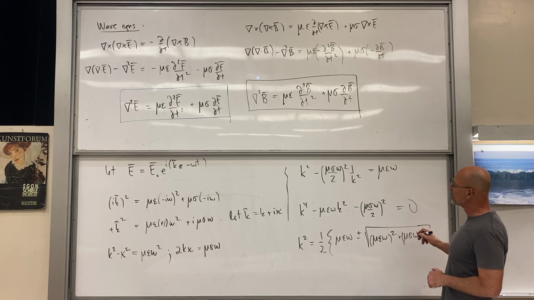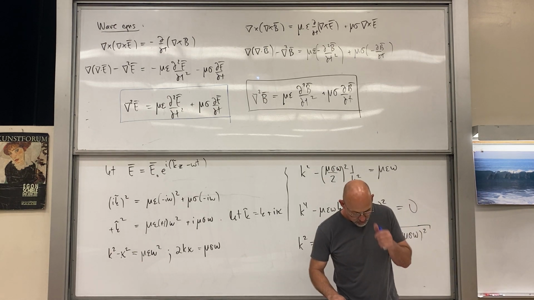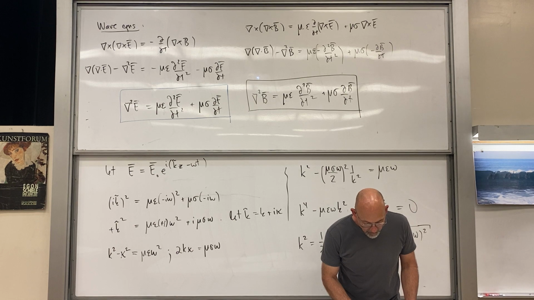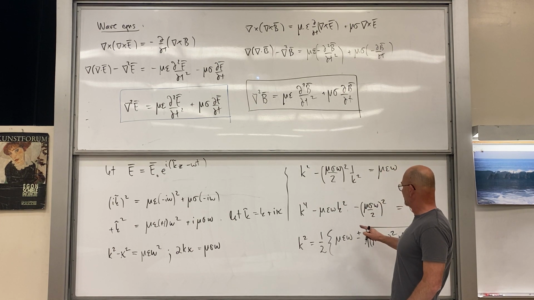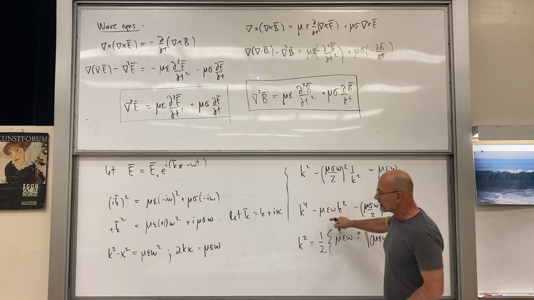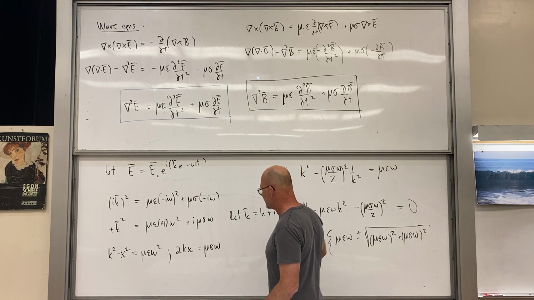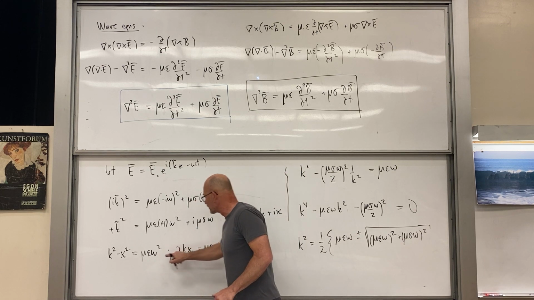Actually, I'm missing a square here somewhere. Yeah, mu epsilon omega squared.